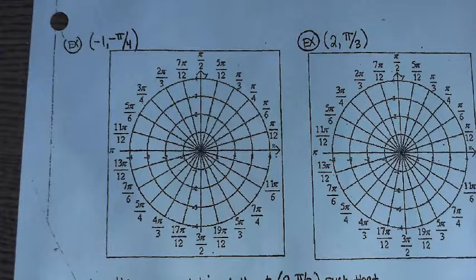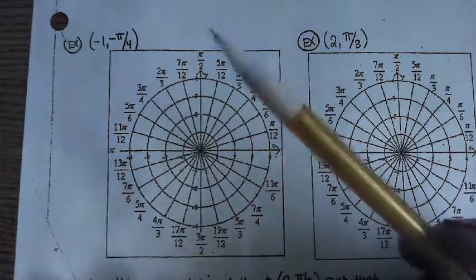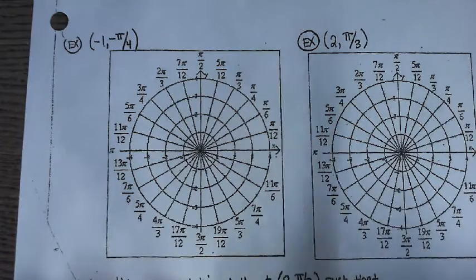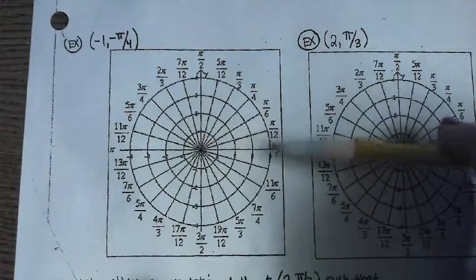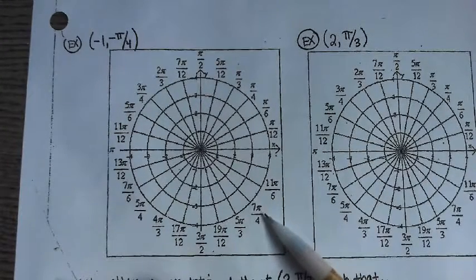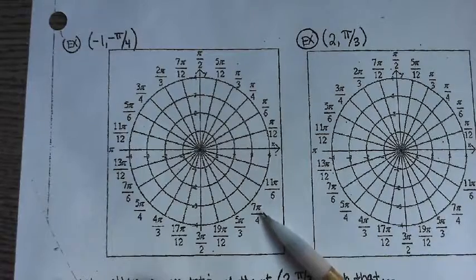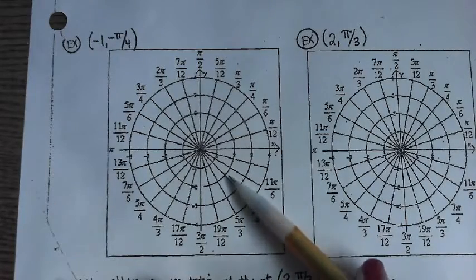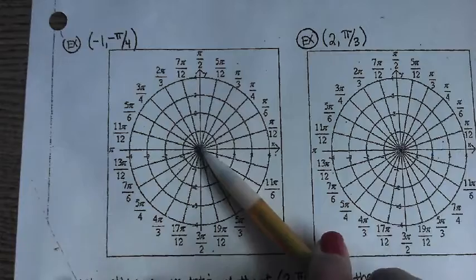Yeah. What quadrant did you plot it in? The second. So, that's correct. It should be in the second quadrant. So negative pi over 4 opens you up in this direction. This is, obviously it's labeled 7 pi over 4, but it's the same as negative pi over 4. And then a negative 1 radius brings you backwards.